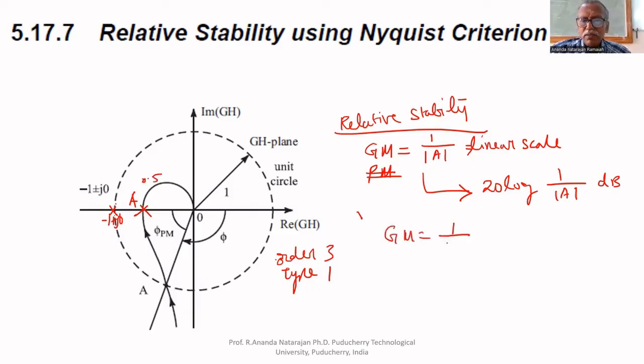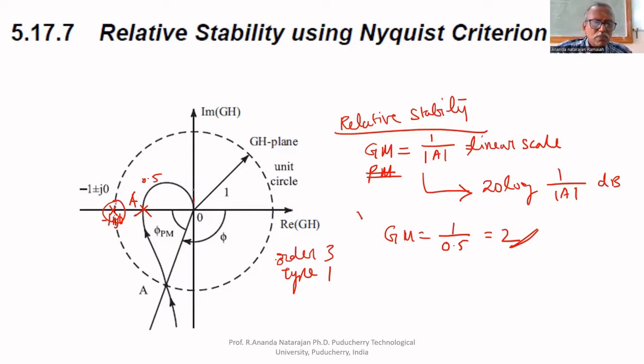Gain margin equal to 1 by 0.5, that is equal to 2. So, we can increase the gain by 2 so that the system will be on the verge of instability. That is gain margin. So, 1 by modulus of A in linear scale. If you want to tell in decibel scale, we have to take 20 log 1 by modulus of A.